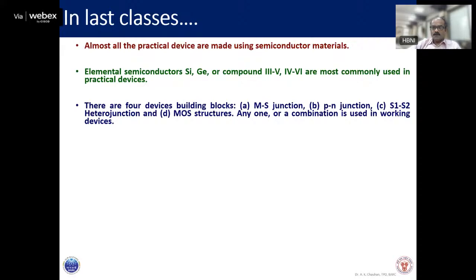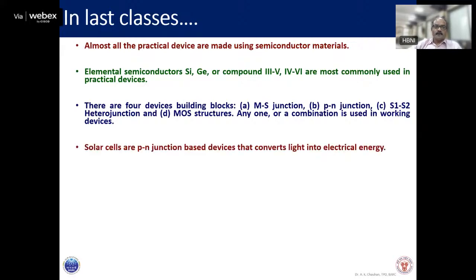Any one or combination of these building blocks is utilized in any working device. You will find working devices which have at least one of each building block. Then we learned that solar cells are PN junction based devices, and that converts light into electricity.